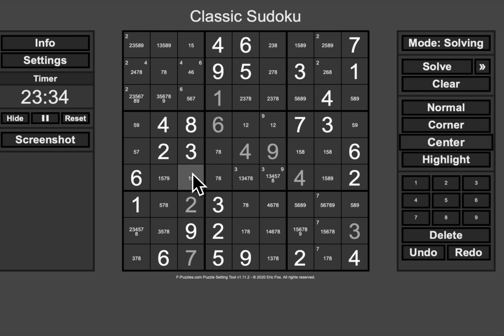So 1 5, and we know that's not 7. This is part of the 1 5 pair. This can't be 5. In fact, that forces 6 to be there. Which means that can't be 6, so that must be 4.